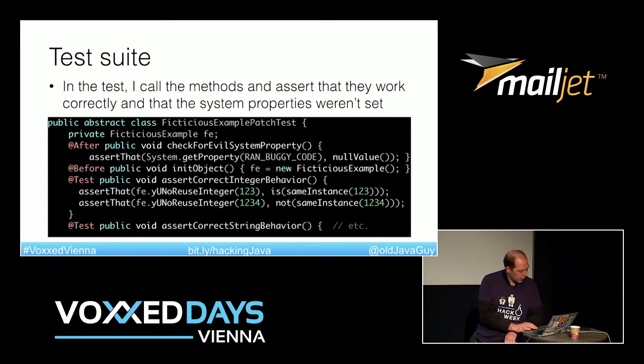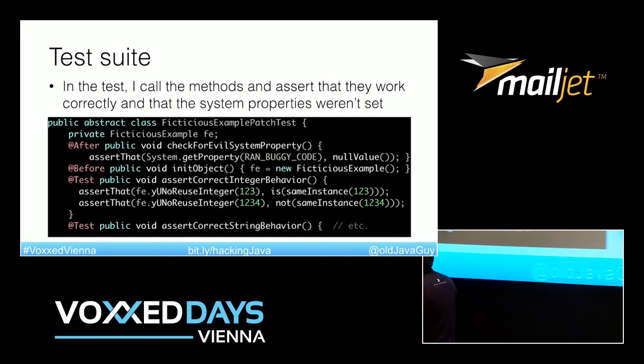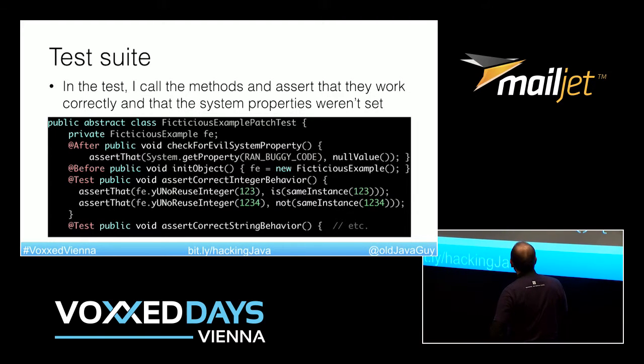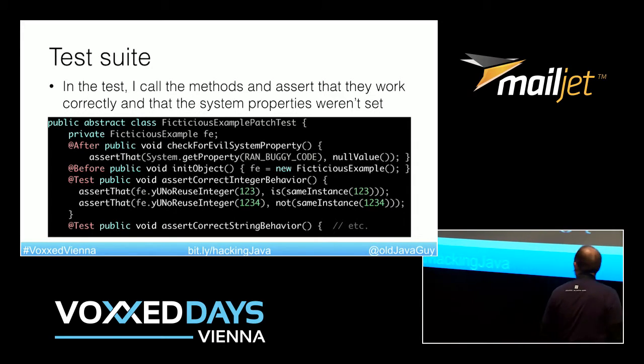So when I call this method with 123, then I will assert that the result instance is actually the same instance when I call it twice. Whereas if I call it with a higher number, then it won't be the same instance because, as I said, the integer pool only goes to 127. And at the end, in the after, I'll check for the evil system property, because if the evil system property is there, that tells me my patch hasn't been applied.